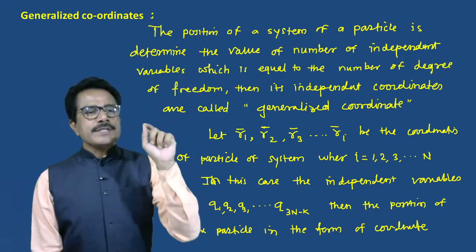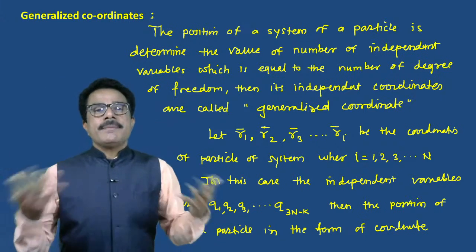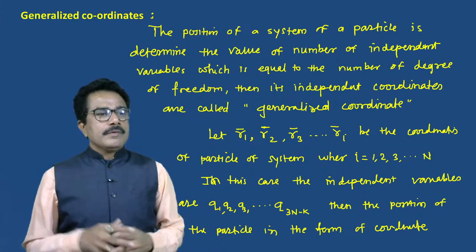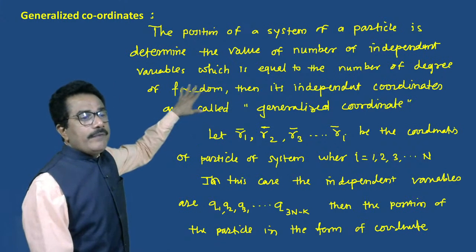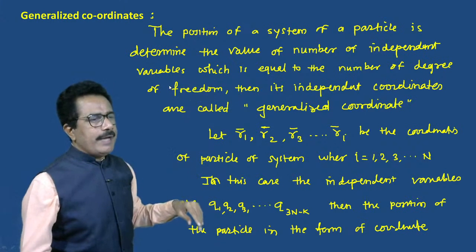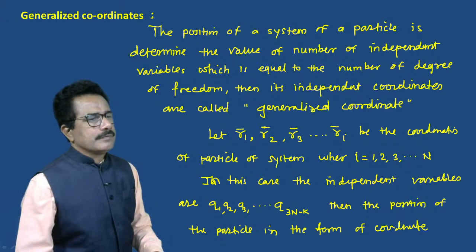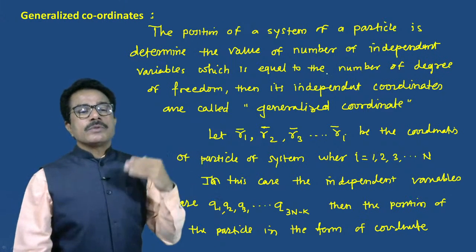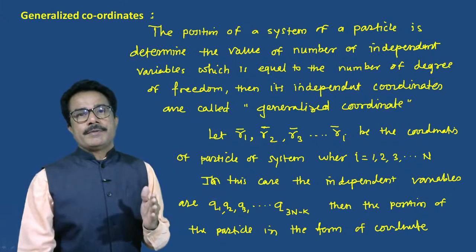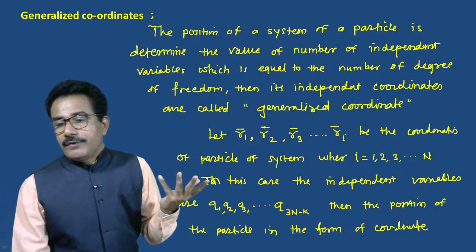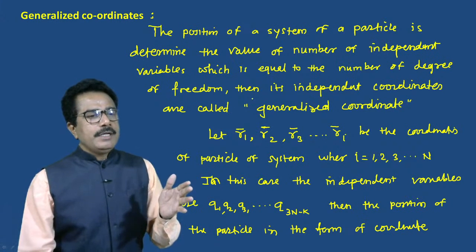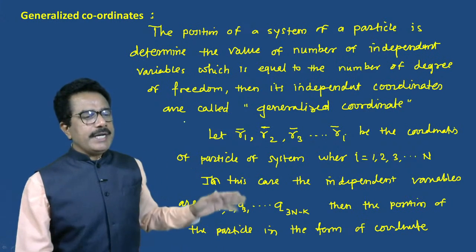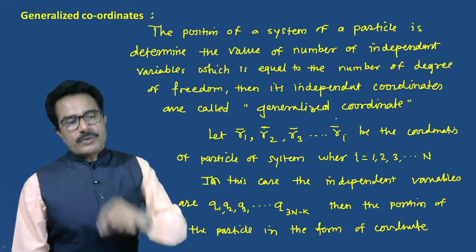The position of a system of a particle is determined by the value of the number of independent variables, which is equal to the number of degrees of freedom. You know the formula for the degree of freedom is 3n minus k. Then its independent coordinates are called generalized coordinates.